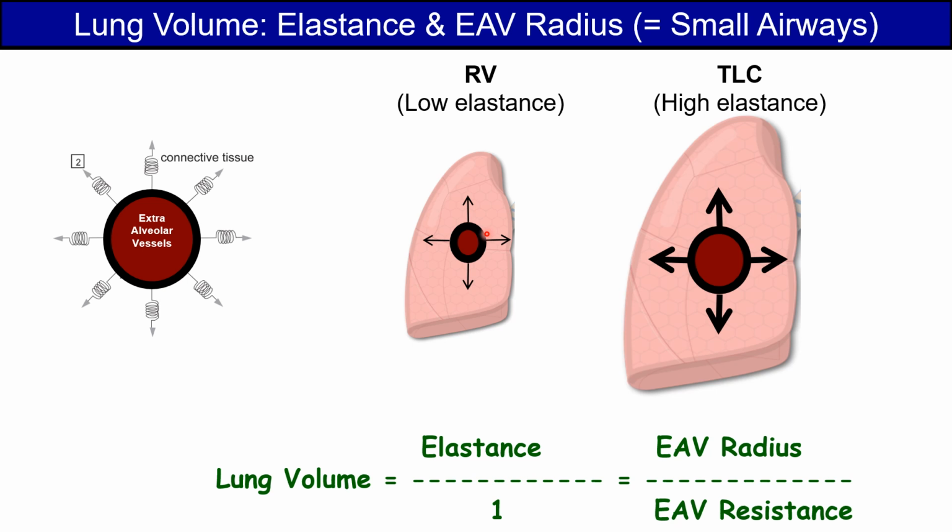Therefore, at RV, the elastance is low, so the tethering effect on the extra-alveolar vessel is quite low, so this will be the radius. And at TLC, where there is a high elastance, the tethering effect will be much higher and the radius will be much larger. Therefore, the greater the lung volume, the greater the lung elastance, the greater the extra-alveolar vessel radius, and therefore the lower the extra-alveolar vessel resistance.